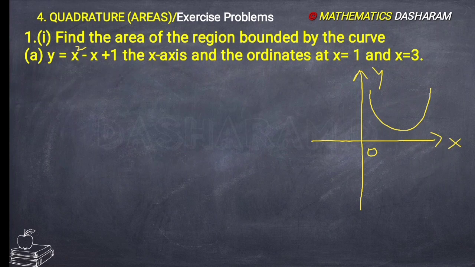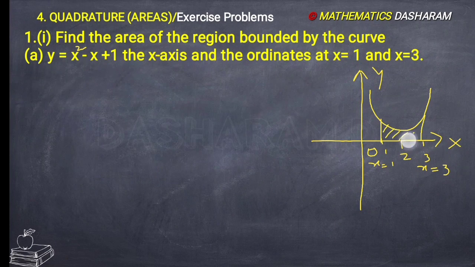So next, bounded by the curve, the curve is already drawn. Next, the x-axis is also there. Ordinates at x equals 1 and x equals 3. Here x equals 1 means here 1, this is 2, this is 3. So here is x equals 1 and here is x equals 3.